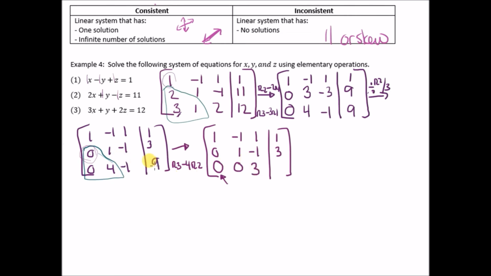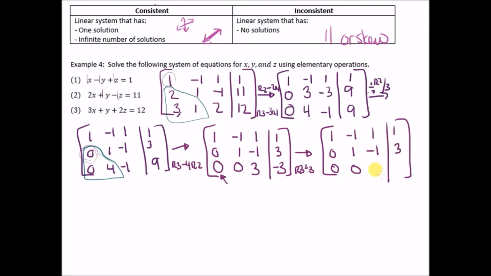And then I have 9 minus 12, which I get -3. So again, I'm just going to take row 3 and divide it by 3 just to simplify it. So now I have 1, -1, 1 for my first equation, my first row. I get 1, -1, 3, and I get 1, -1.